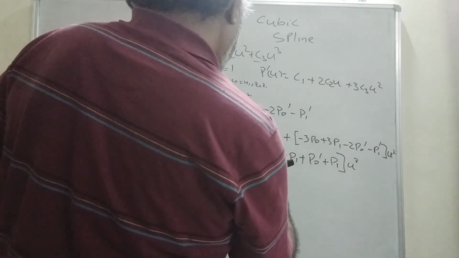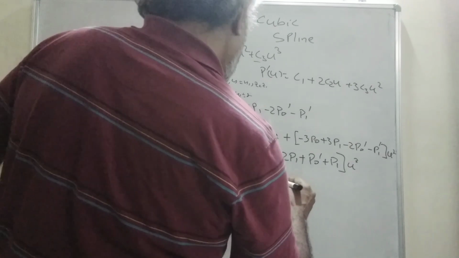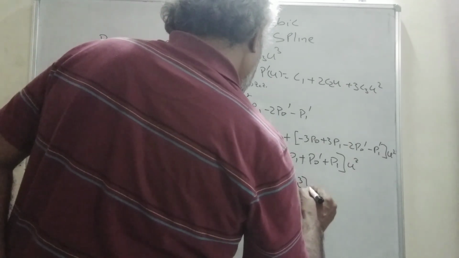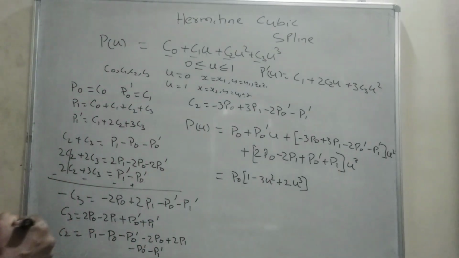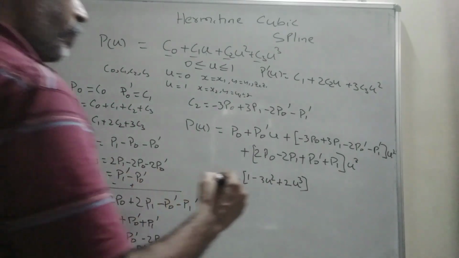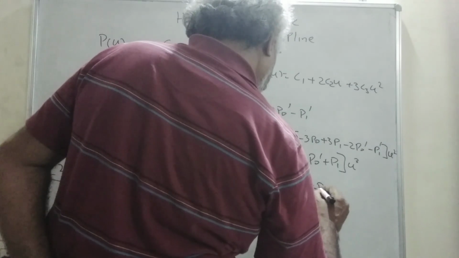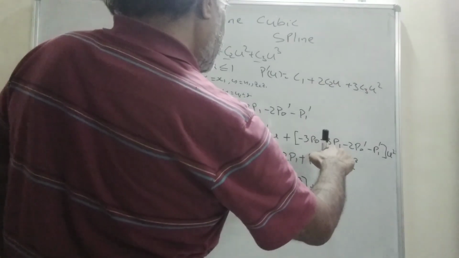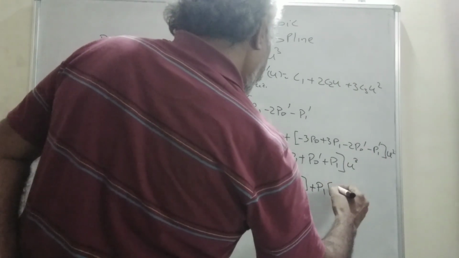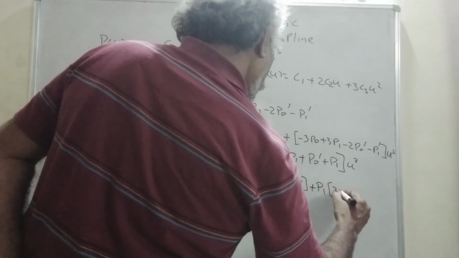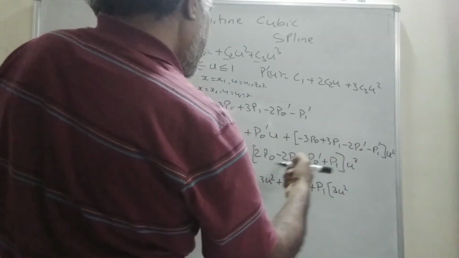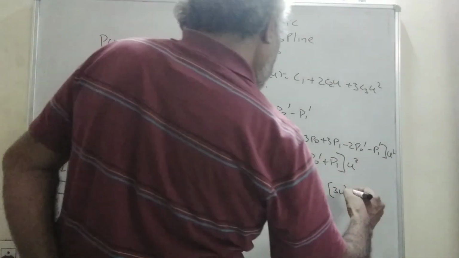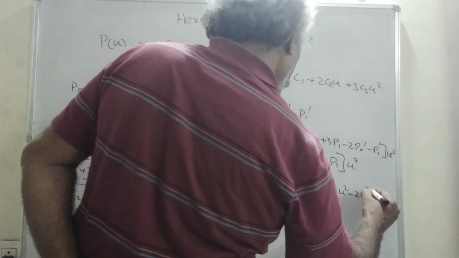And here P0 is there, plus 2U cube. P0 into 1 minus 3U square plus 2U cube. Next, plus P1. What is the P1? Then 3P1 is there, 3U square. And here 2P1 is there, that's minus 2U cube.